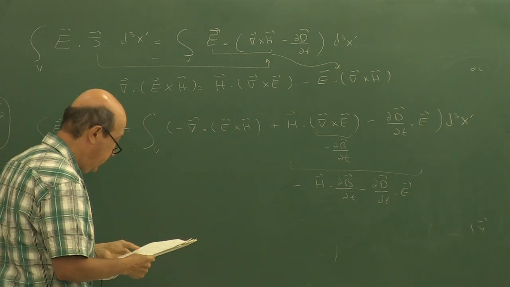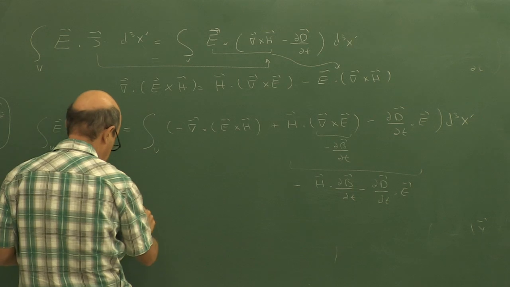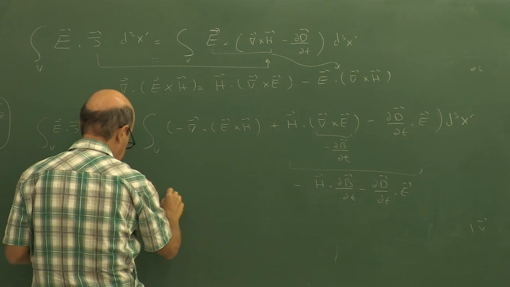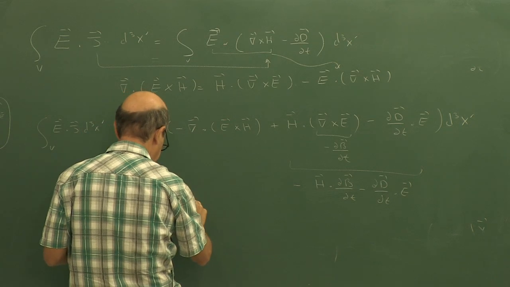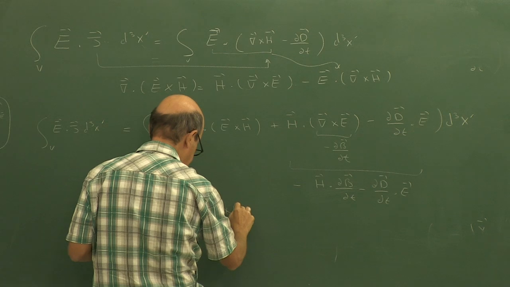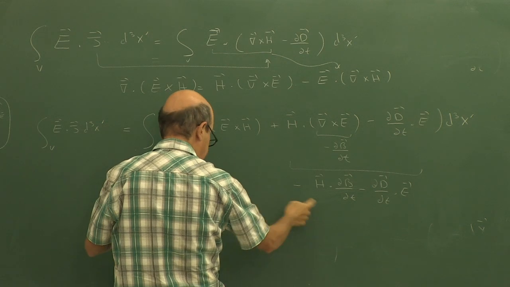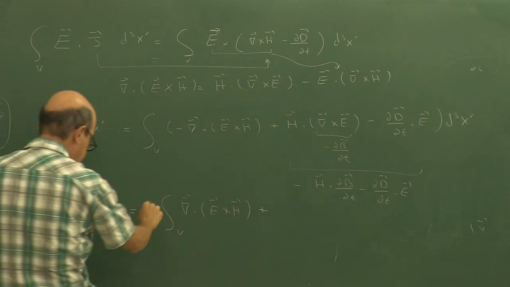I will take everything into the minus parentheses. So let me write this as the divergence of E cross H, and everything is minus. This is plus, therefore in the minus parentheses, let's say.